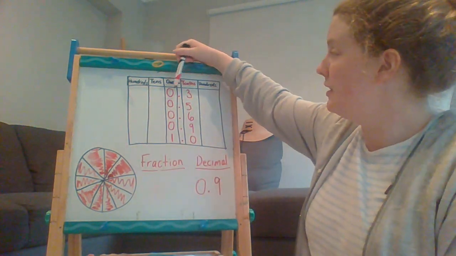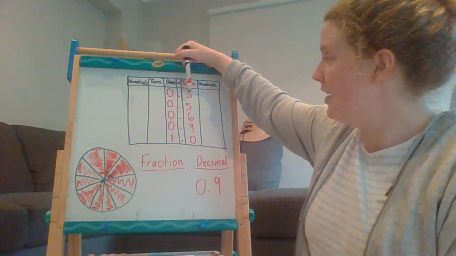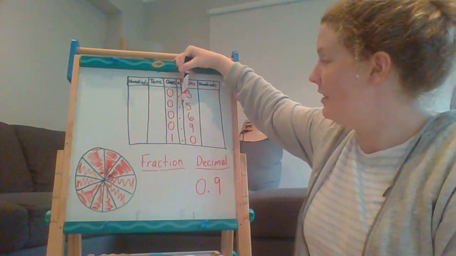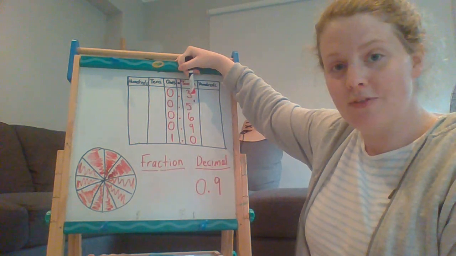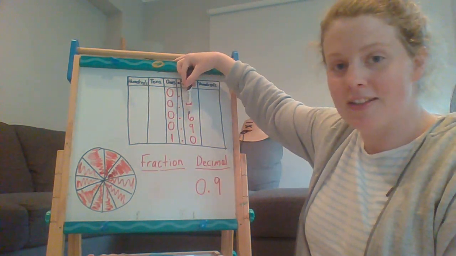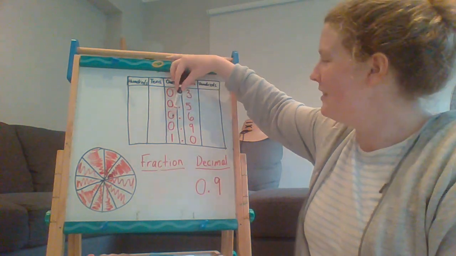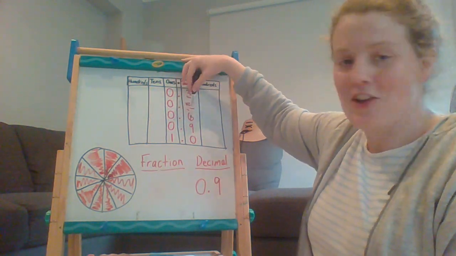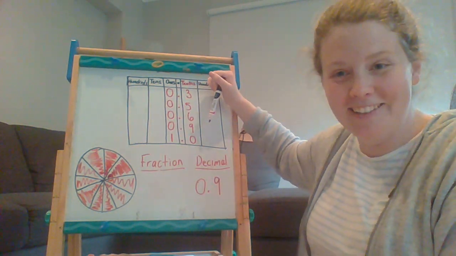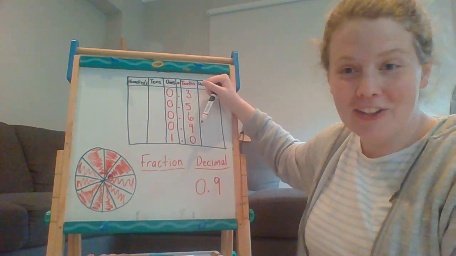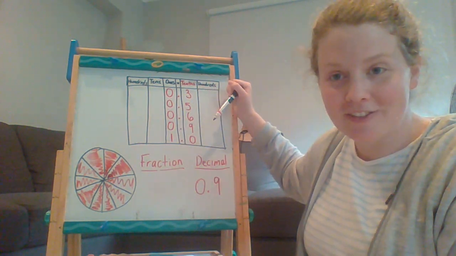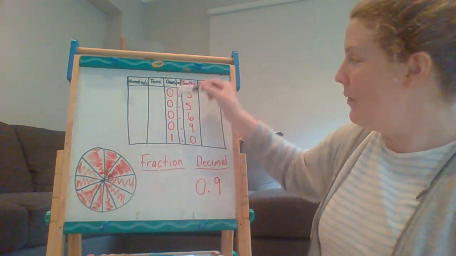We go 0 and 3/10, 0 and 5/10, 0 and 6/10. Have you noticed a pattern? 0 and 9/10, and then 1. Or you could also say 1 and 0/10. Okay, so that's how we usually read it.